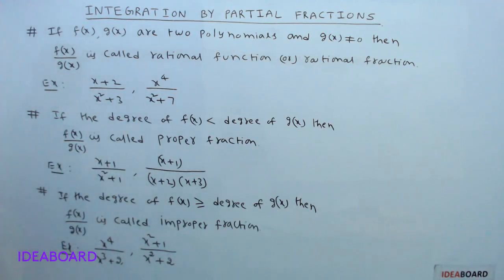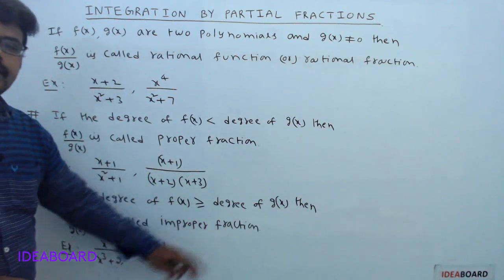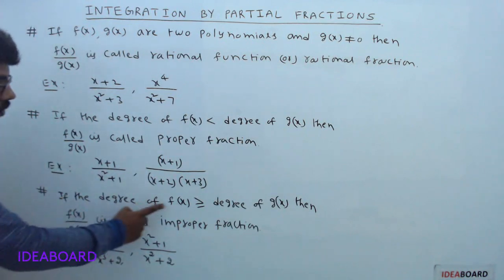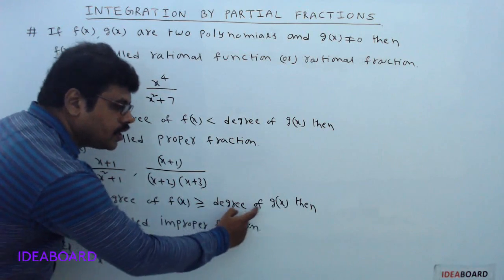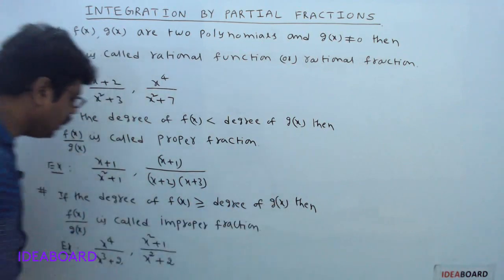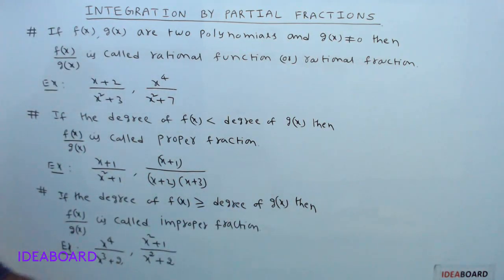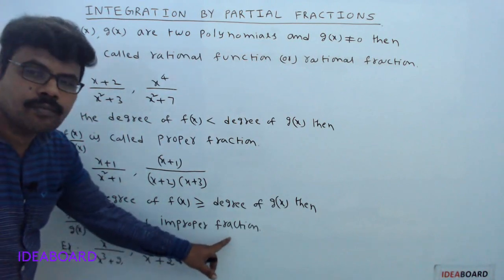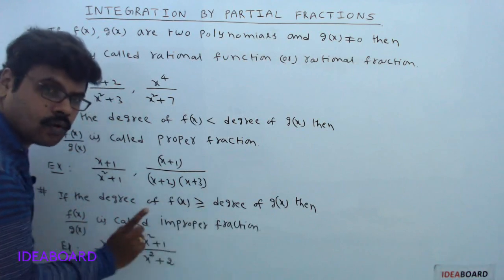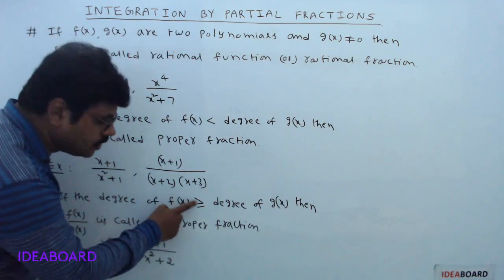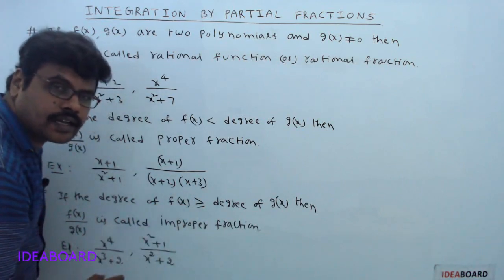Now come to another definition, improper fraction. If the degree of f of x is greater than or equal to the degree of g of x, then f of x divided by g of x is called an improper fraction. Here two conditions are there: one is greater than, the second is the equality condition.